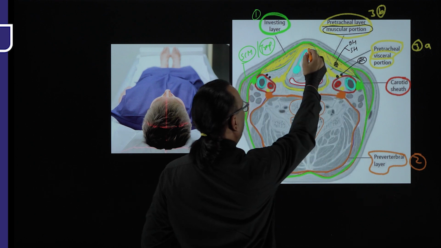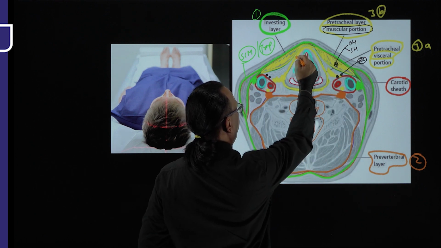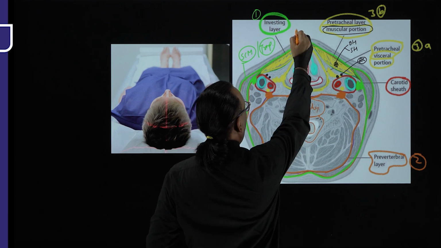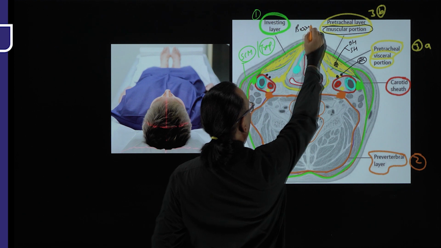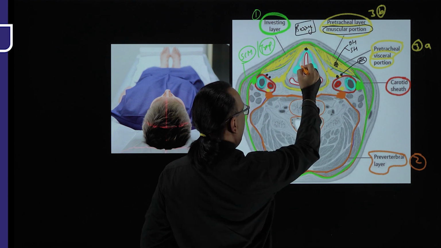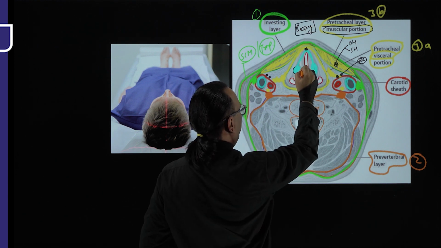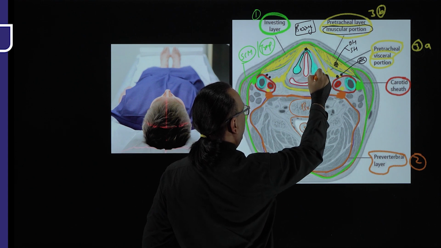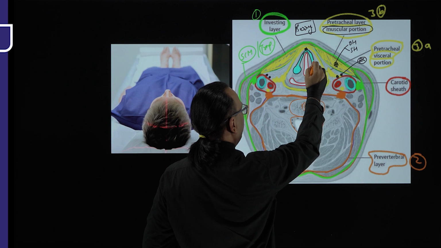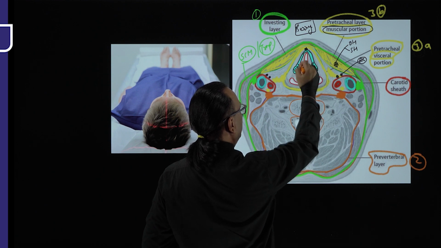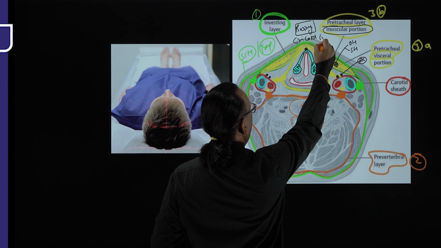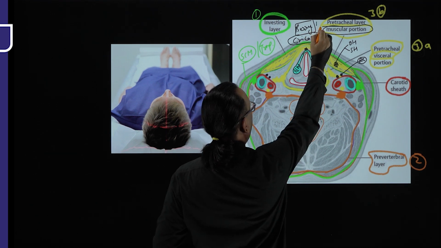Plus, this deep cervical fascia, the pretracheal layer, gets modified to form the ligament of Berry, and that ligament of Berry is going to attach the thyroid gland. We were saying this is one lobe of the thyroid gland, then there is one isthmus in the middle, and the other lobe of the thyroid gland. The thyroid gland is attached to the larynx, basically the cricoid cartilage of the larynx, with the help of the Berry ligament.